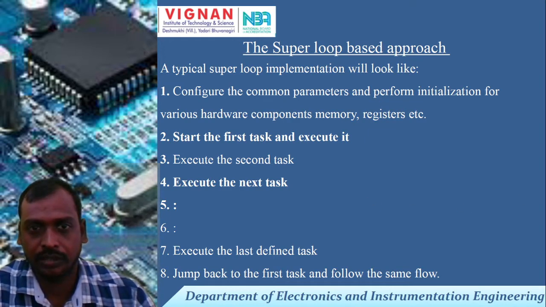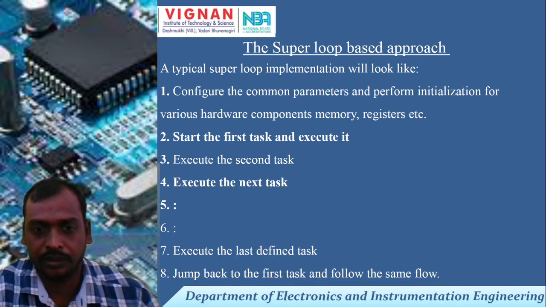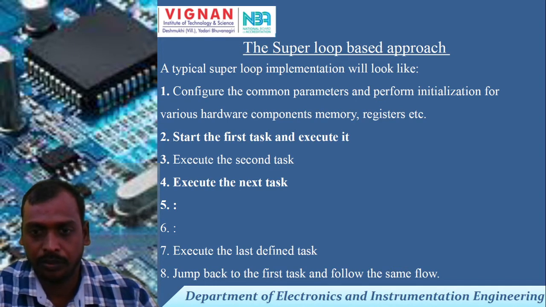First, configure the common parameters and perform initialization for various hardware components, memory, registers, etc. Second, start the first task and execute it. Third, execute the second task. Fourth, execute the next task, until all tasks are completed. Seventh, execute the last defined task. Eighth, jump back to the first task and follow the same flow.